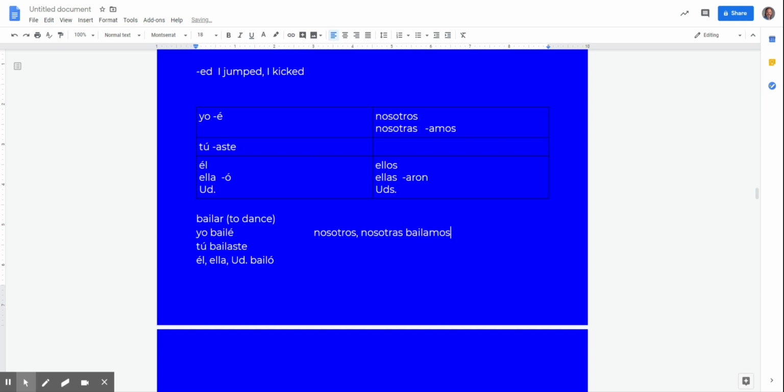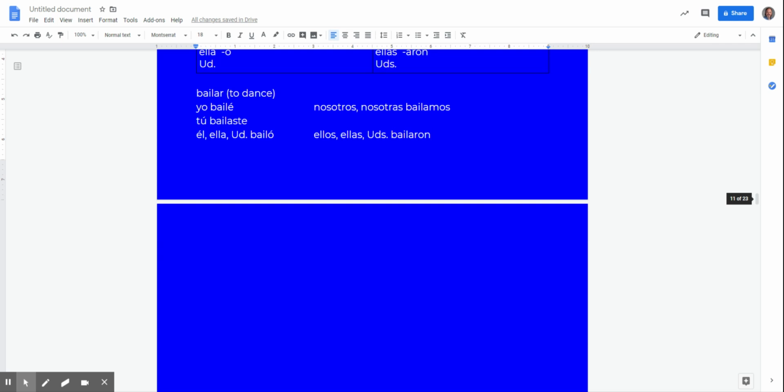That's exactly the same thing as the present tense. And ellos, ellas, ustedes, you drop the AR and you add bailaron. So there's your verb in the preterite. I danced, you danced, he or she or you, sir, danced, we danced, they danced. Okay, ed on the end of all of them.